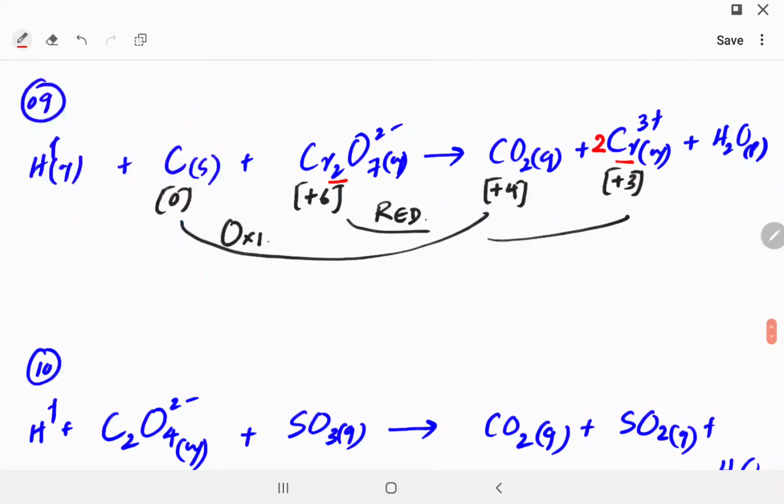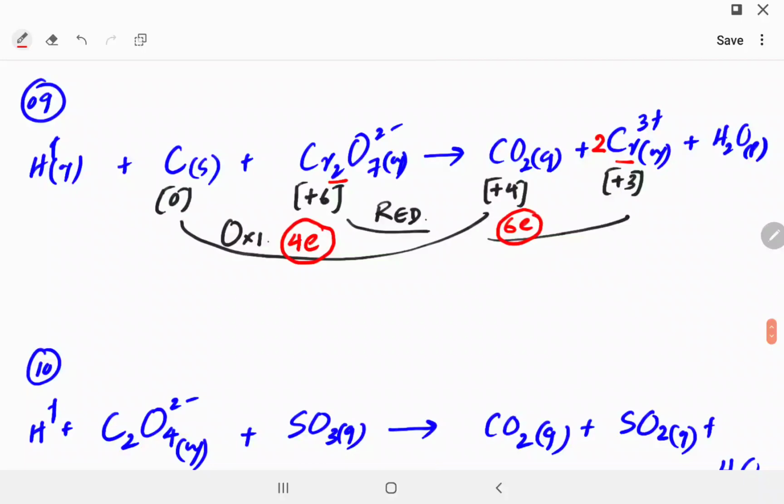Let's identify the electrons. For oxidation, the difference in electrons is 4 electrons. For reduction, the difference in electrons is 3. Why? Because 6 and 3 is a difference of 3 electrons, but that is for 1 chromium. You have 2 chromiums, so actually this has a 6 electron difference.